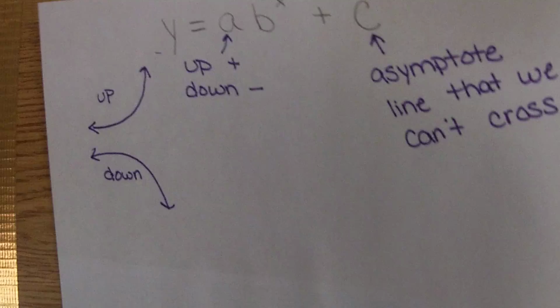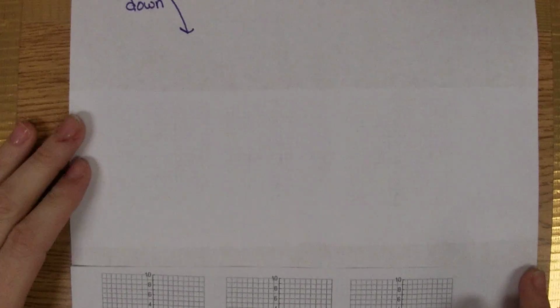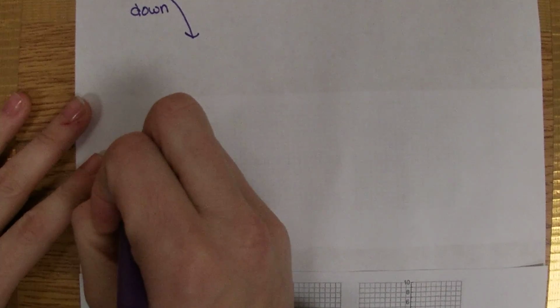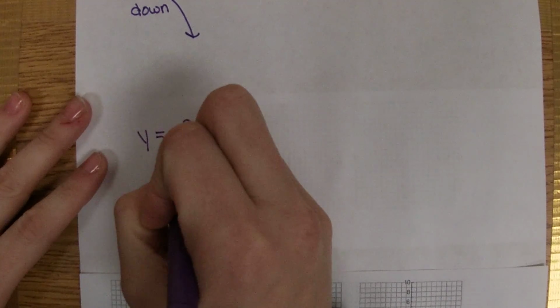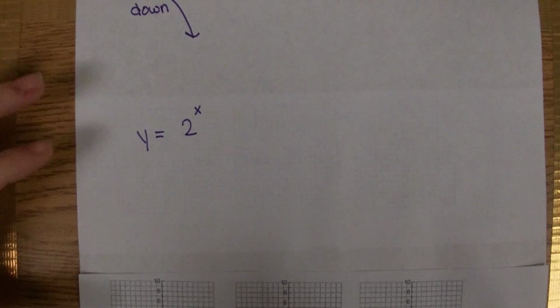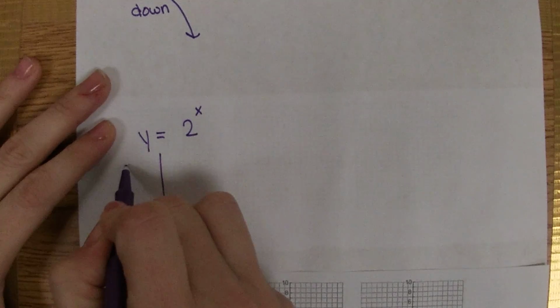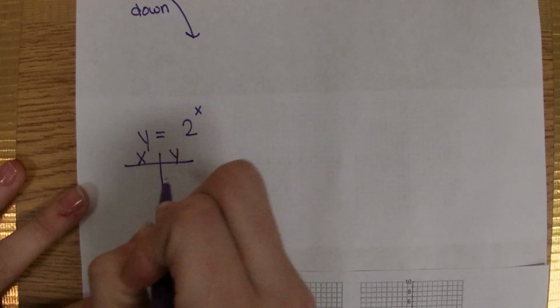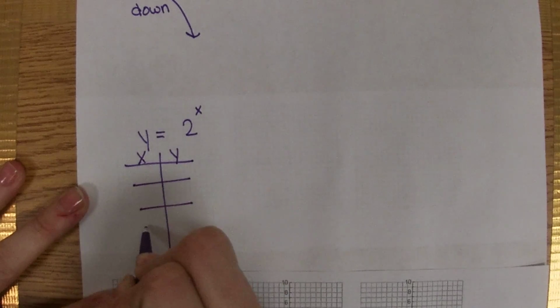Okay. So let's say we want to graph an exponential. Maybe we have something very simple like y equals 2 to the x. Just like when we're in standard form, we don't have a perfect way of graphing exponentials other than falling back on making a table, plugging in some input values, and getting some corresponding output values.